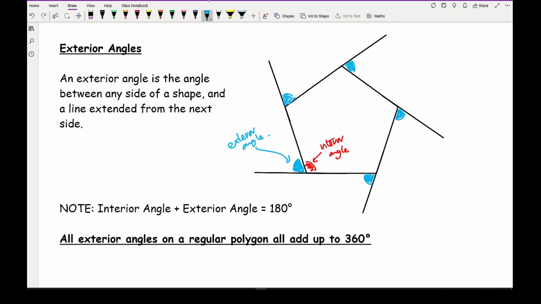And the important thing to note is that the interior angle plus the exterior angle is always going to add up to 180 because they are on a flat line. Now, in terms of recognizing where the other exterior angles are going to be, imagine a Catherine wheel firework, or look at it as rotation.